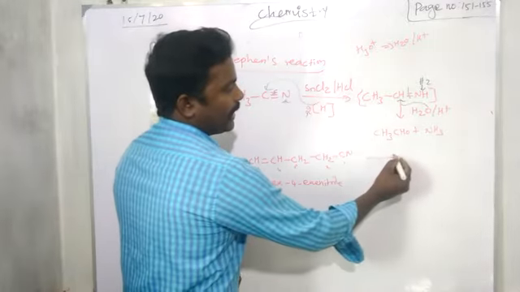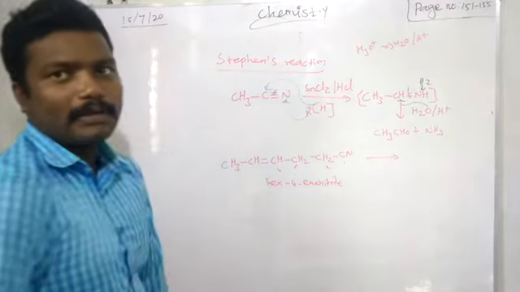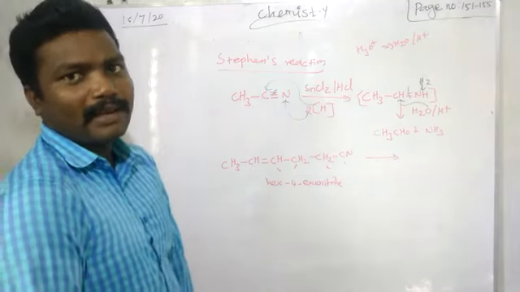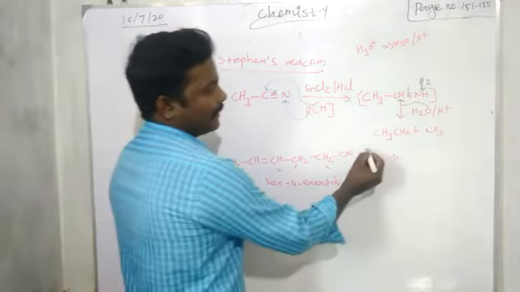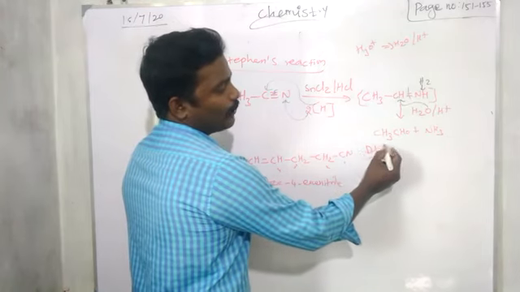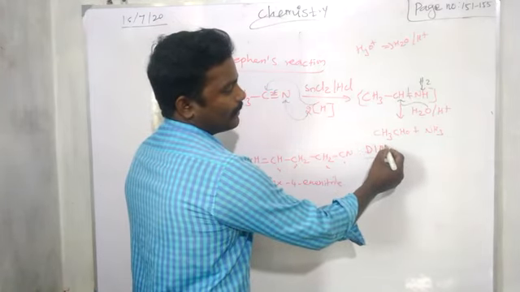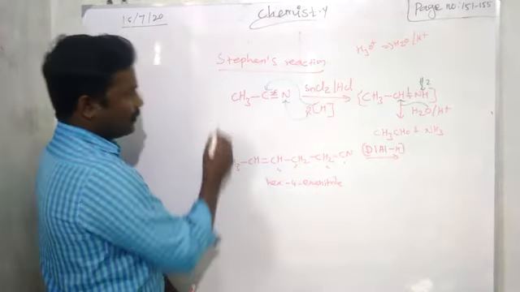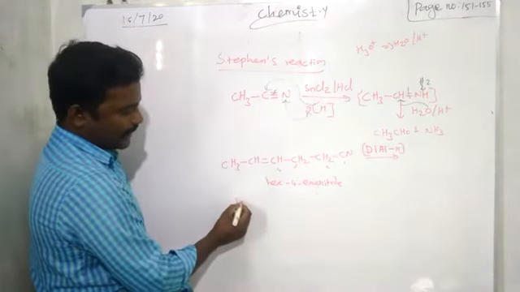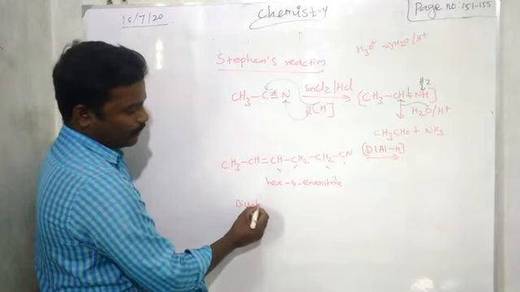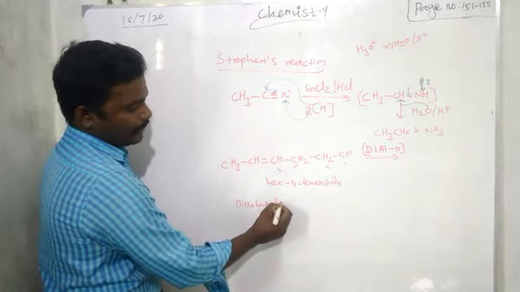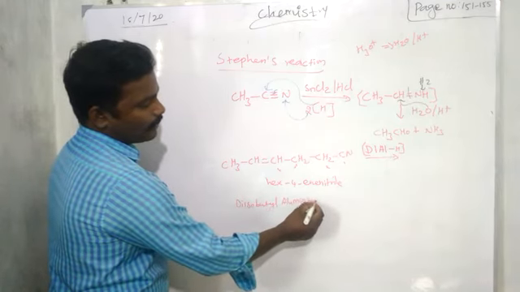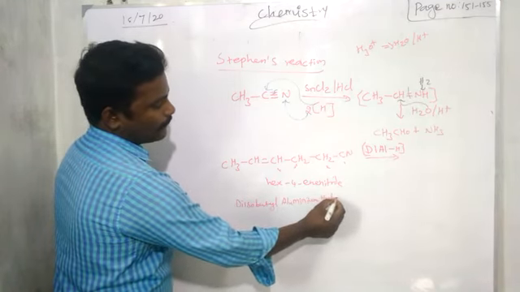Then we are going to take a different type of catalyst, that is diisobutyl aluminum hydride. How will you write it? Diisobutyl aluminum hydride.